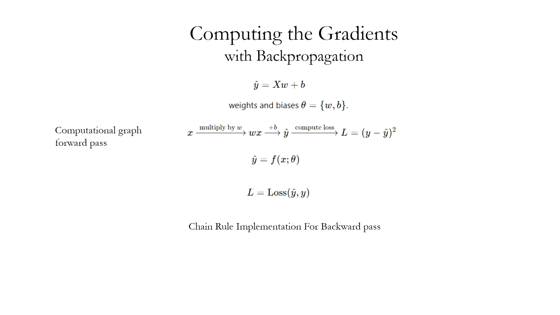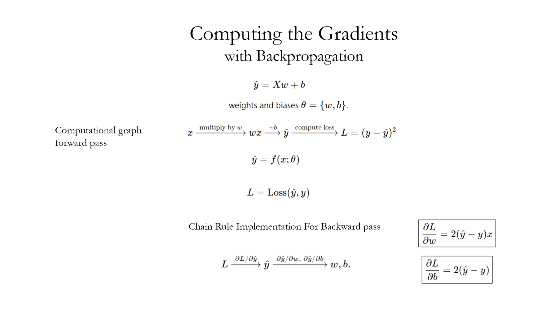So now we're going to use the chain rule implementation for the backward pass. And we can see that basically we're just backtracking from the loss all the way back to x to get to w, b, right? So we saw this earlier in the backpropagation computational graphs video that I created.